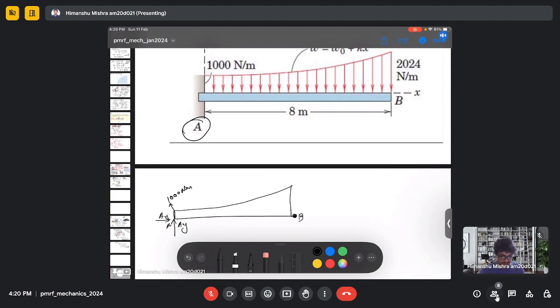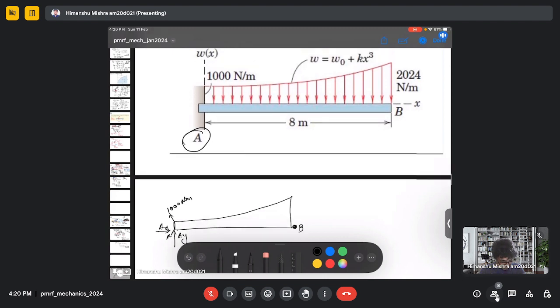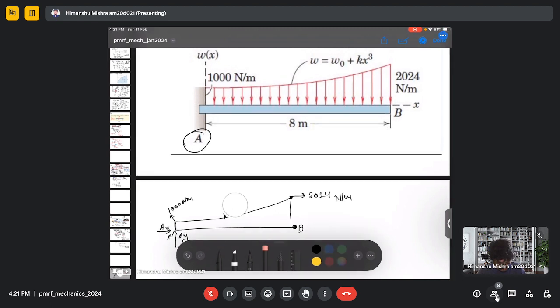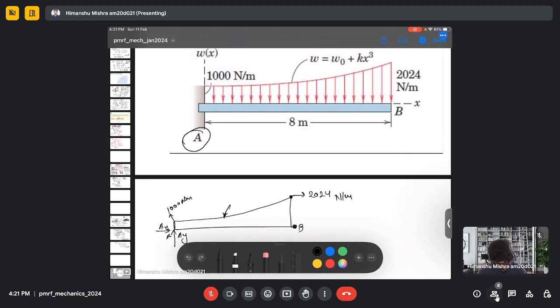At A it is 1000 Newton per meter, and at B it is 2024 Newton per meter. And the load is varying as W naught kx cube.